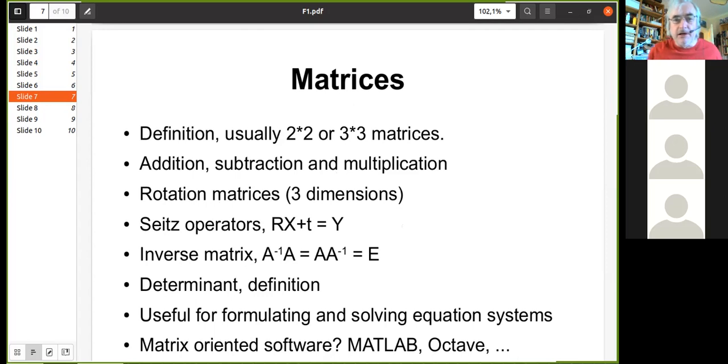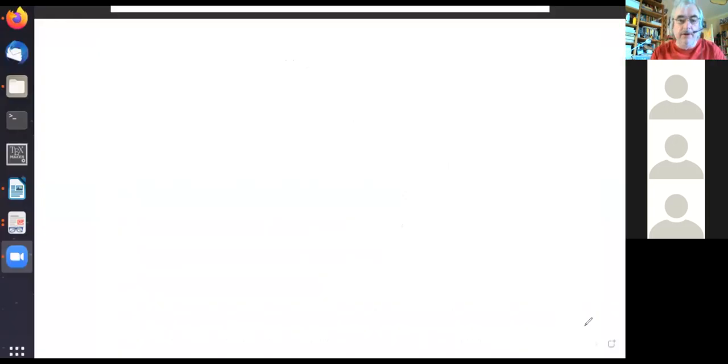Let me take an example. Now let's see, whiteboard. So if you have a vector, we call it x, y, z, and we should rotate it, for example, so it should become y, x, z.